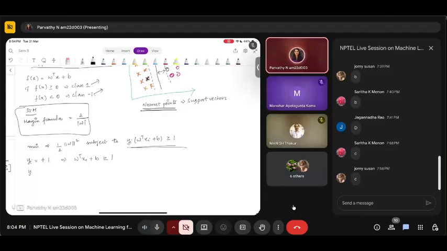When yi is minus 1, then W transpose x plus b is less than or equal to minus 1, but because you multiply this by minus 1, the negative will become positive. So it is again greater than or equal to 1.